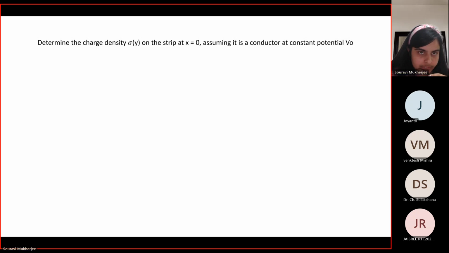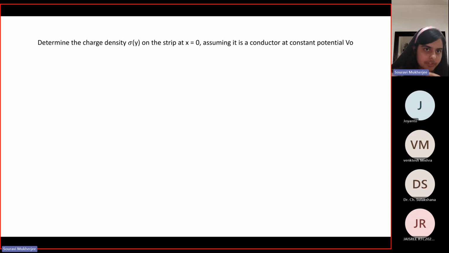So let me remind you, we discussed how the normal and the tangential components of electric fields change when you have a conducting surface with a charge on it. The normal components had a discontinuity, which was given as sigma by epsilon naught.